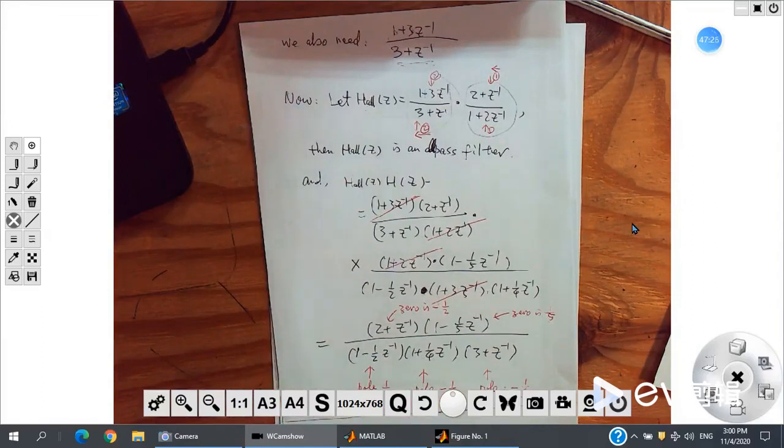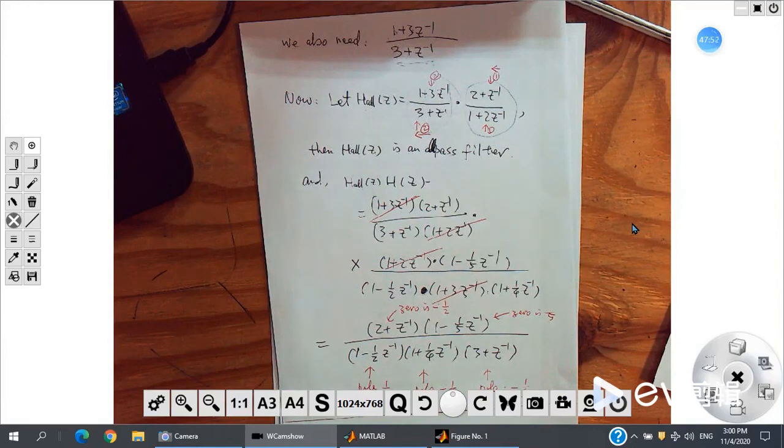Alright. Okay, so this is a kind of application of the all-pass filter. With the all-pass filter, you can always change your system to be a minimal phase system. That means you can make the system in both sides stable and causal. The system itself is stable, and the inverse of this system is also stable.